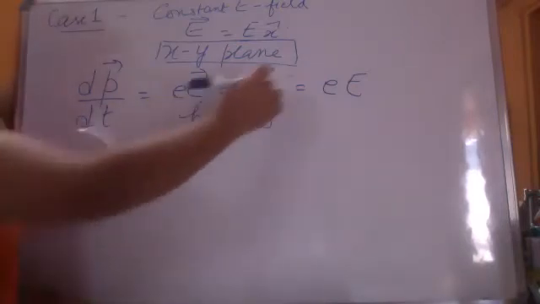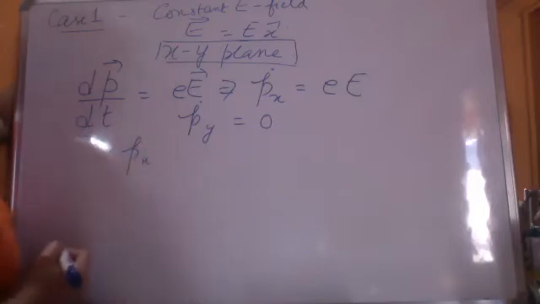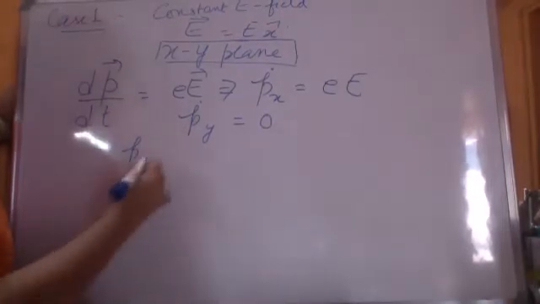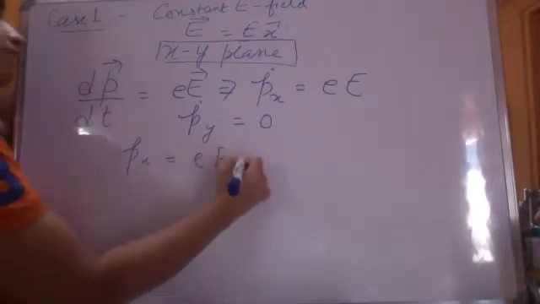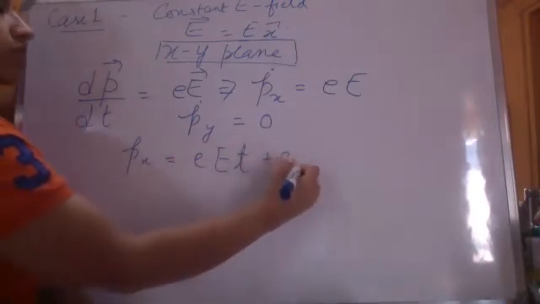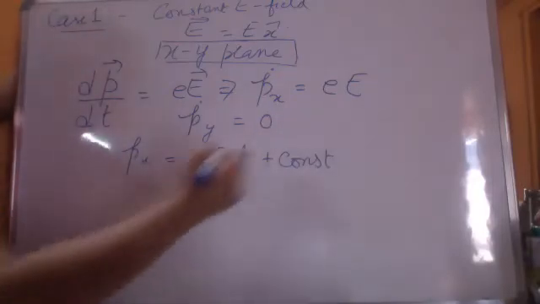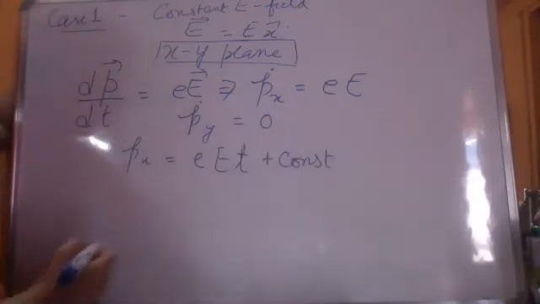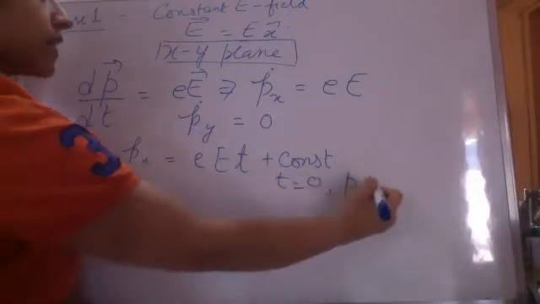Now, I can integrate these two equations. When I integrate my first equation with respect to time, I get px equal to eEt plus some constant. I can always choose my constant in such a way that at time t equal to 0, my particle is at rest.